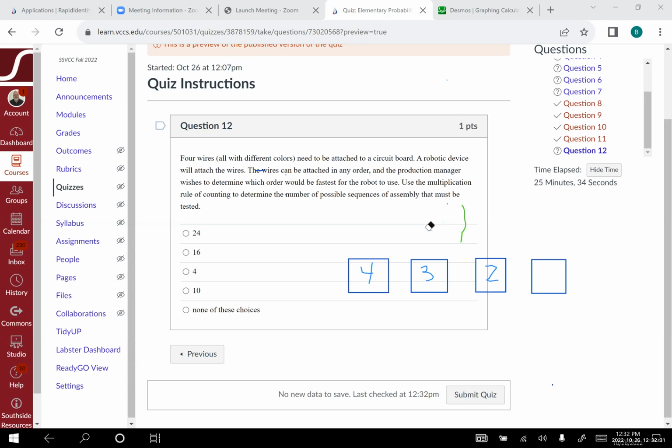And finally, the last box, 1. And remember, to count these, all we have to do is multiply. What do we get? You get 24. There we go. So we got 24.